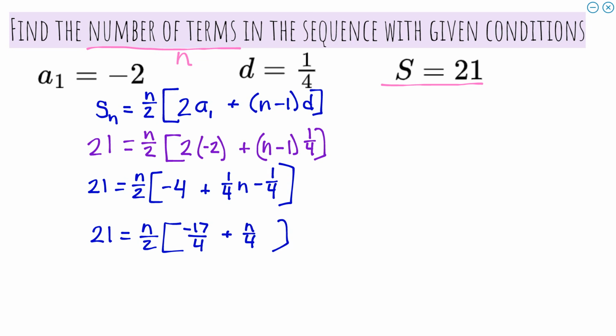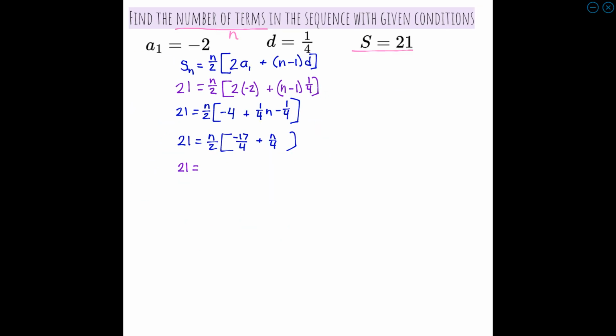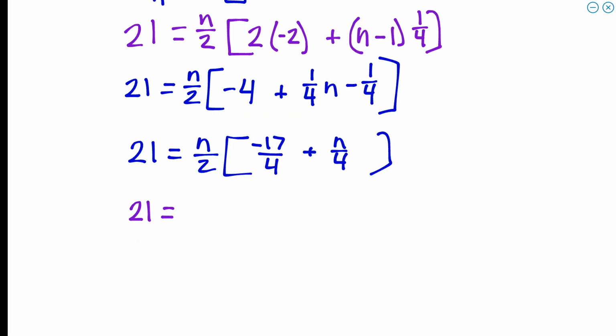And then you have a couple of options here. You can either do this as a distribution here, or we can work to get rid of the fractions because they're really super gross. So I'm going to go ahead and do our distribution, and then I'll get rid of my fractions. So we're going to have our 21 equals our negative 17n over 8, because we're multiplying across, and n squared over 8.